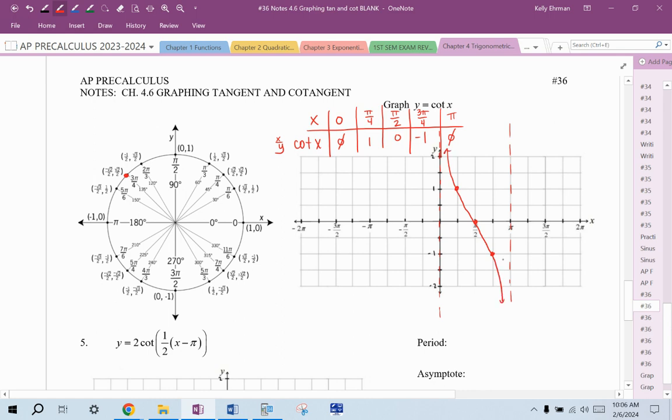This is what we just graphed when we did negative tangent. So it's concave up on the left and concave down on the right. And then we can copy this pattern over. Notice that the period is still pi. So if you add pi to get to the next asymptote, and the ones on the left, basically it's every multiple of pi that cotangent has asymptotes. And then we can sketch in the other points as well.